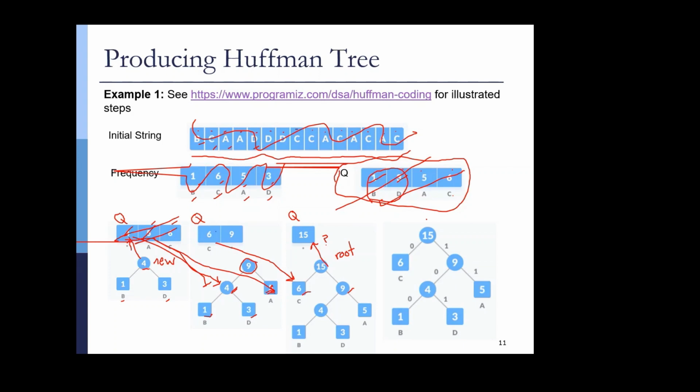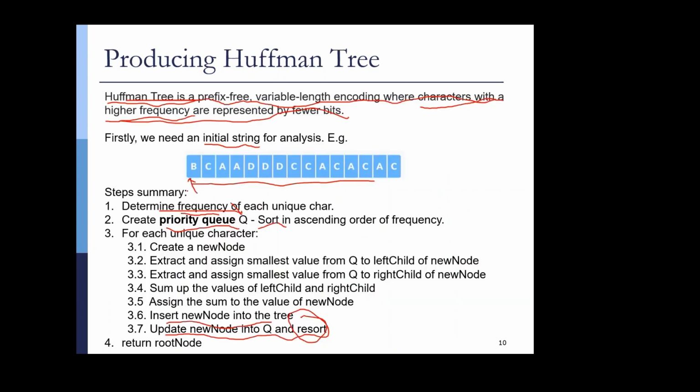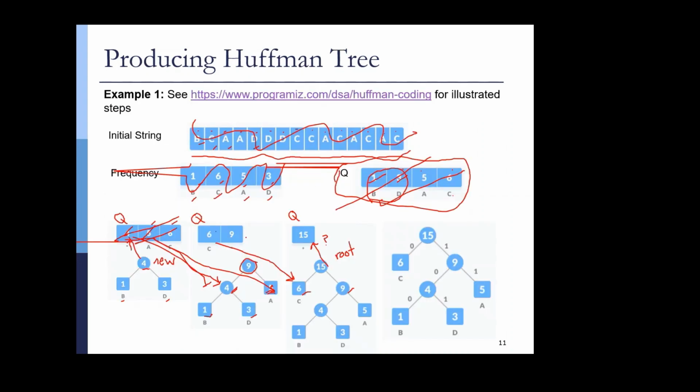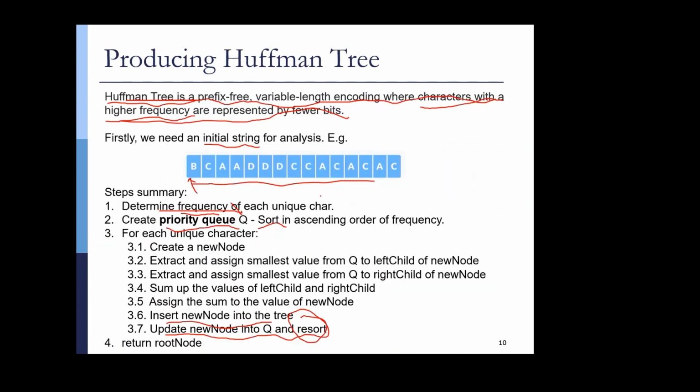Yeah, this becomes our Huffman tree. So just now, we have graphically analyzed how this is done. These are the steps. And this is the graphic, the illustration of how these steps are done.